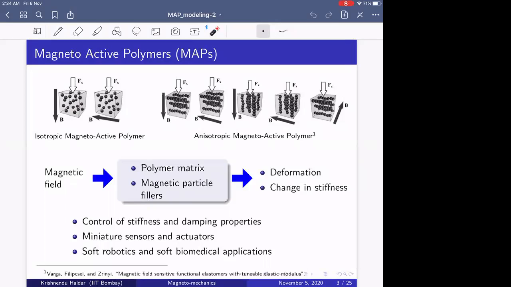So you can think about this as an isotropic condition. And it may happen that during the curing time you apply a magnetic field in a particular direction.